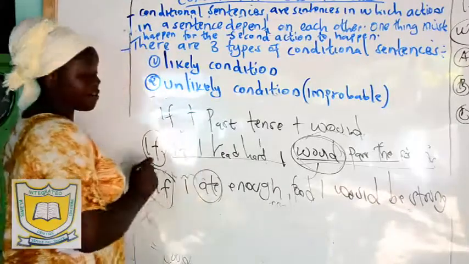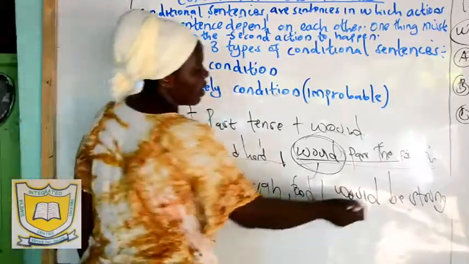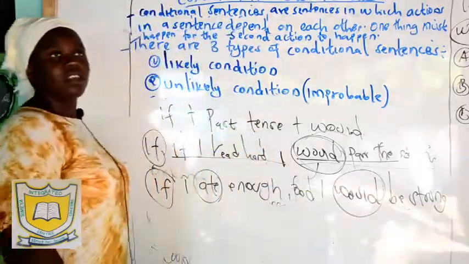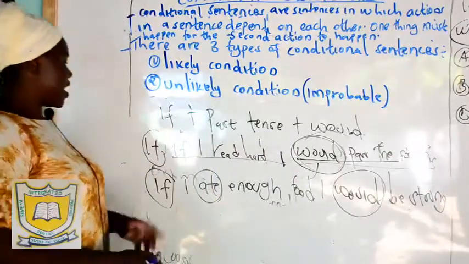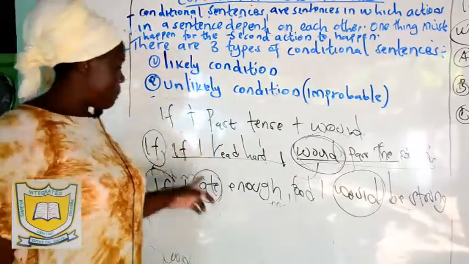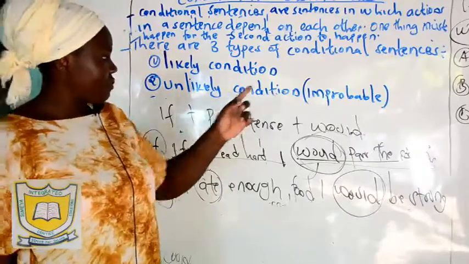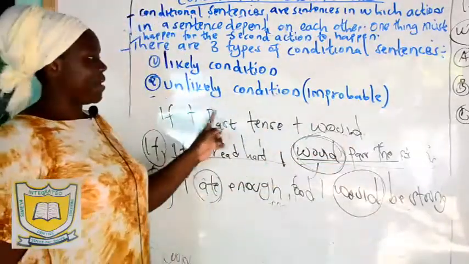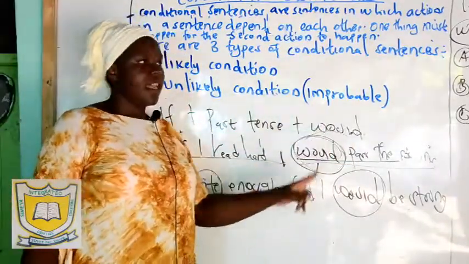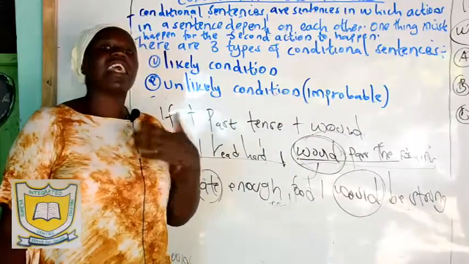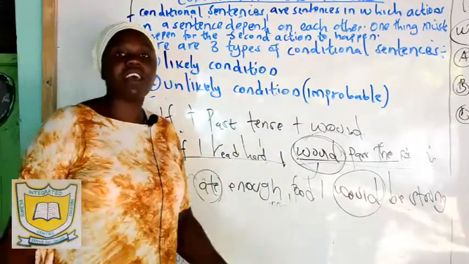I'm having "if," which is the conditional, and I'm having "would." So the unlikely condition is formed by if plus a past tense plus would. The two actions in that sentence are likely not to happen, but there's a small chance that one of the actions can take place.